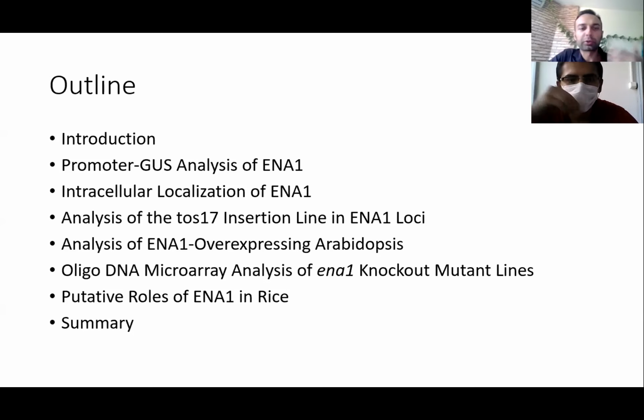So you should group them and just tell the title of the group, so we have less to read. Or instead of analysis of Tos17 insertion line and NO1 overexpression line, you can say phenotype of NO1 mutants. Mutants will include overexpression and also insertion lines, you know? Okay.